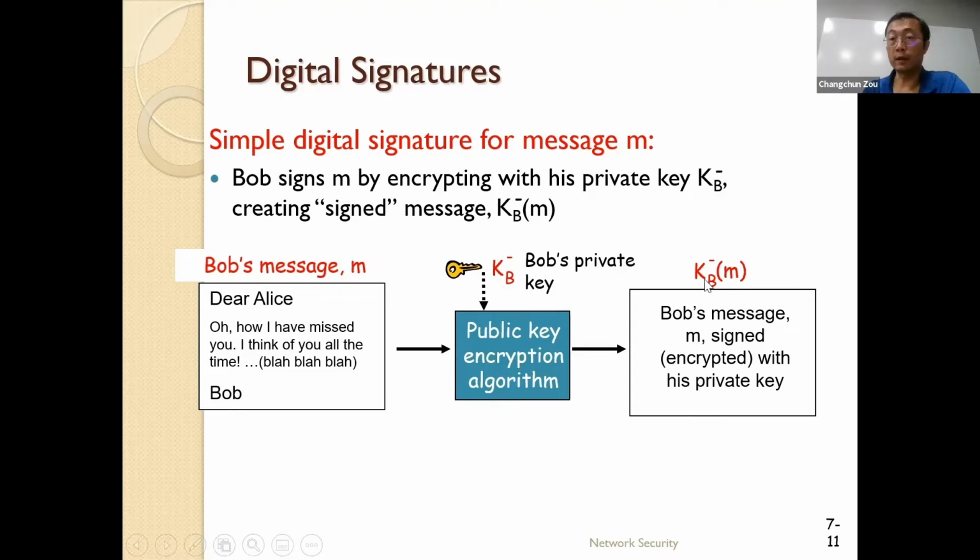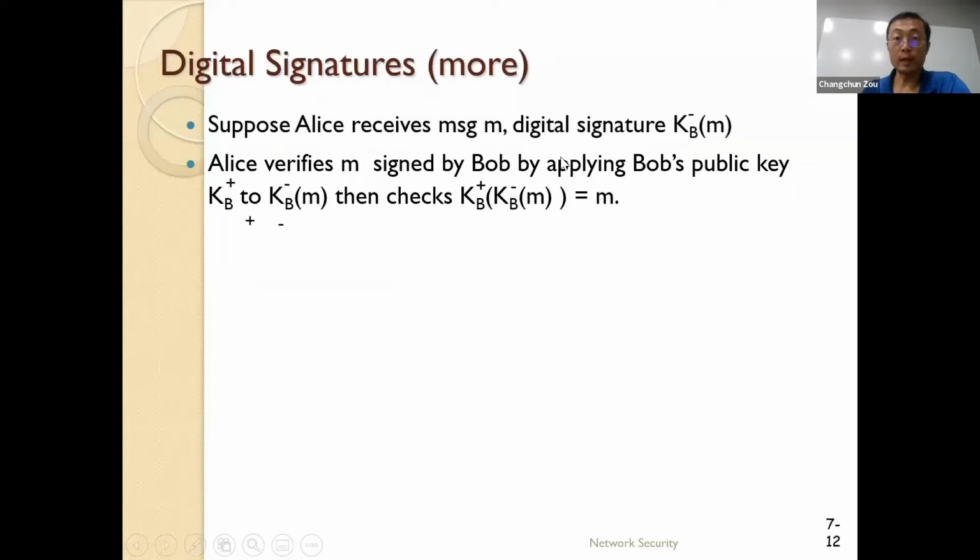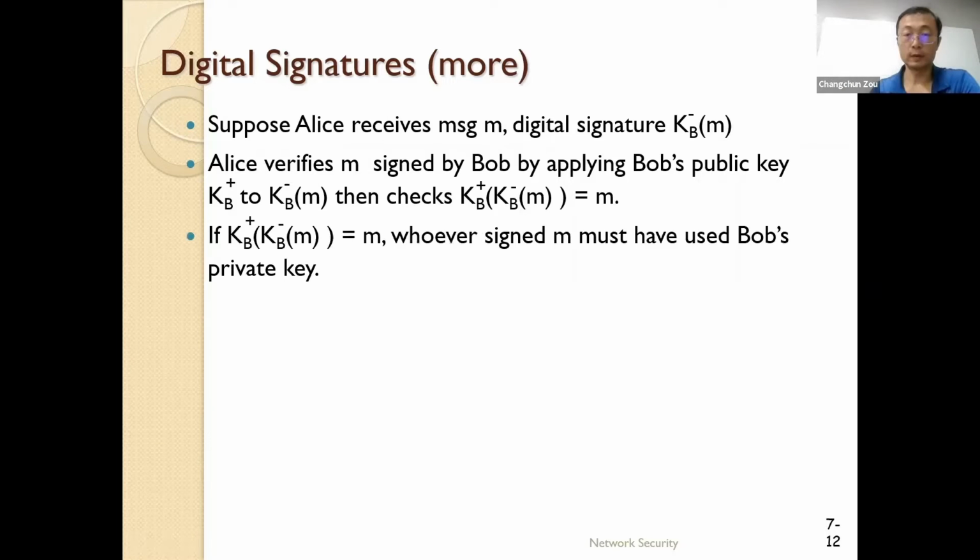The function of this encryption is that when Alice receives the message M and the digital signature of the message, Alice can verify M signed by Bob by applying Bob's public key. So once you can decipher the ciphertext, then you know that whatever is contained in the ciphertext is really generated by Bob, not modified by any other people.